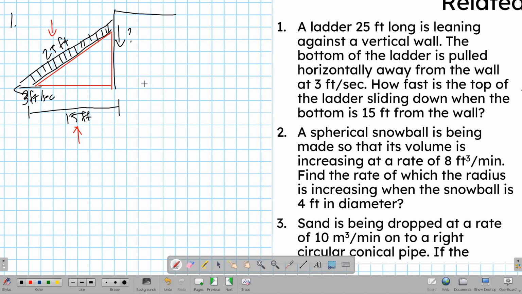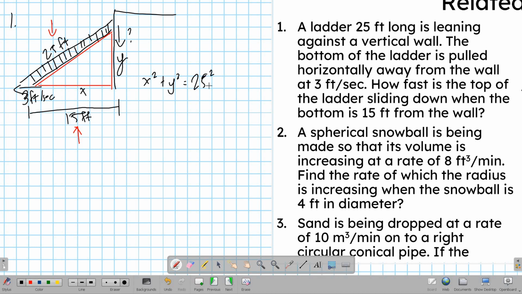Since we're in calculus, I'll make x the horizontal and y the vertical. It becomes x squared plus y squared equals our hypotenuse, and since the length of the ladder doesn't change, it will always be 25 squared.